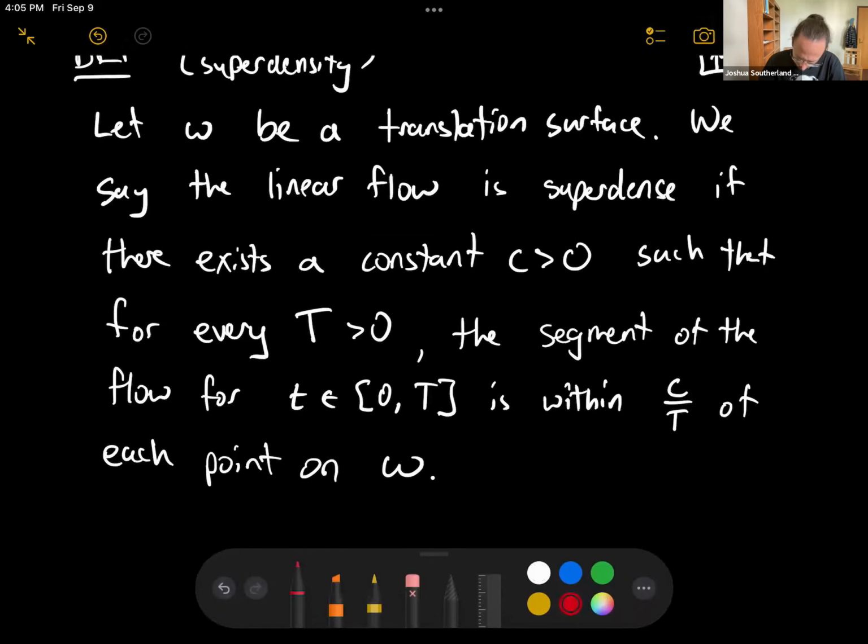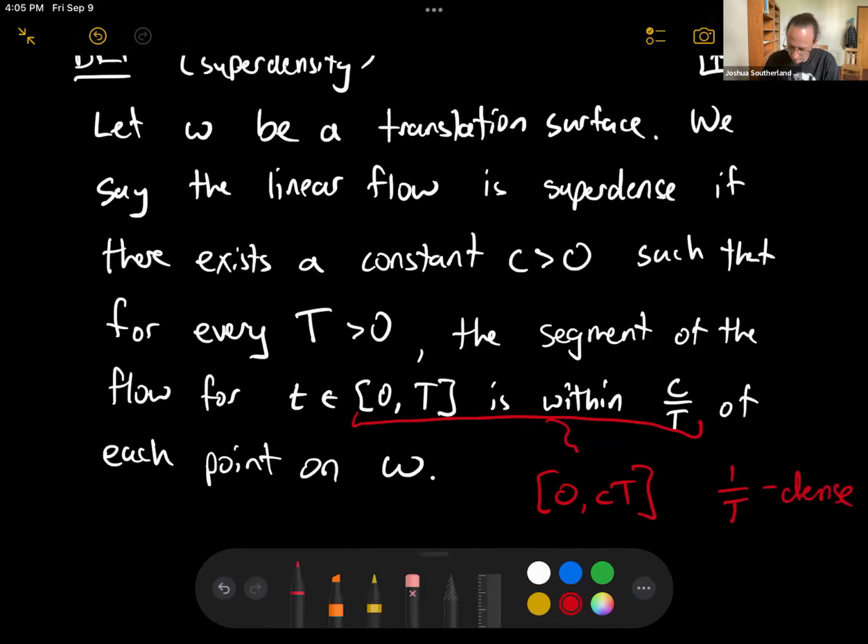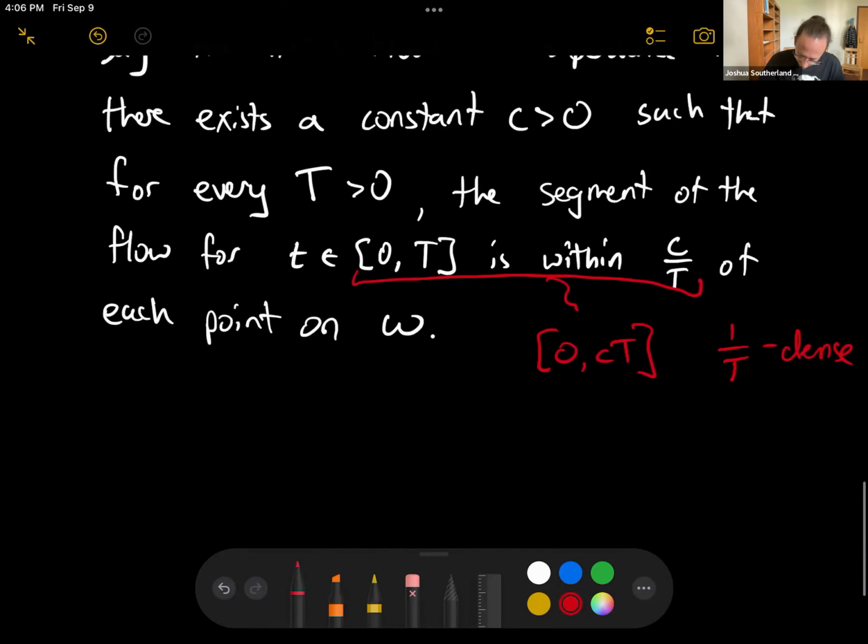So just to point out, I could change this to going from 0 to c times T, and then the segment being, let's say it in a different way, 1 over T dense.